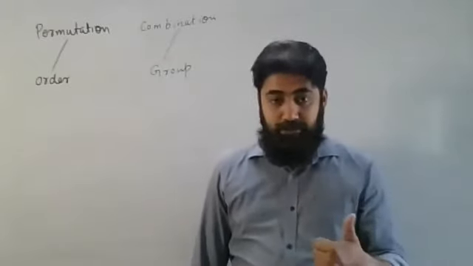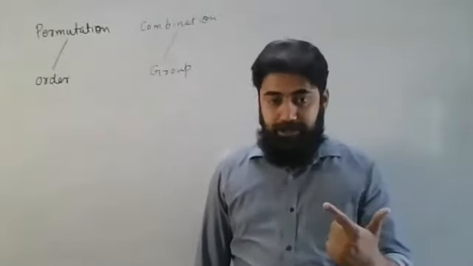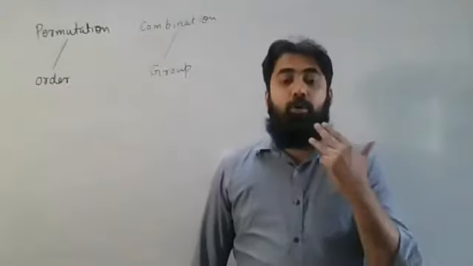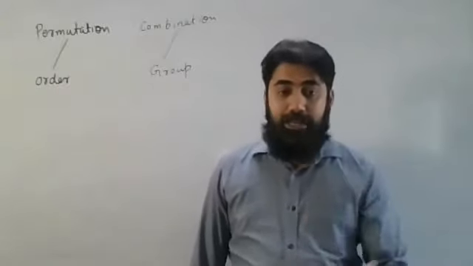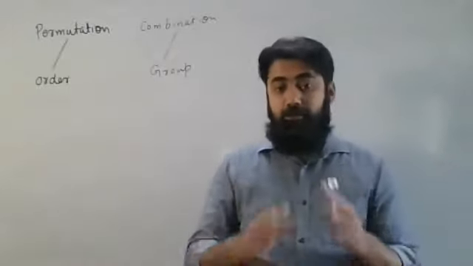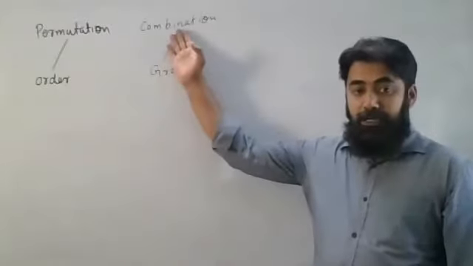That is permutation. Who will be the vice captain? That is permutation. Who will be the wicket keeper? That is permutation. Who will be the opener batsman? That is permutation.